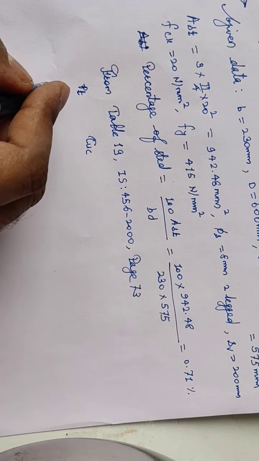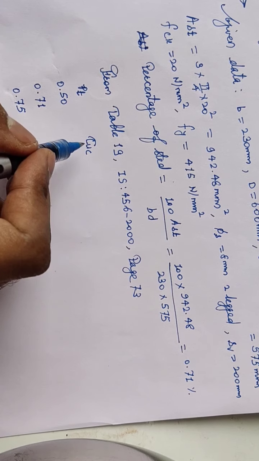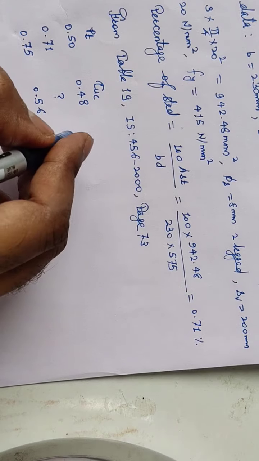Our value is 0.71, which lies in this range 0.5 and 0.75. We have to find out tau UC for 0.71, and given values for 0.5 and 0.75 are 0.48 and 0.56. You please verify this, and from this you now calculate tau UC for our percentage of steel.